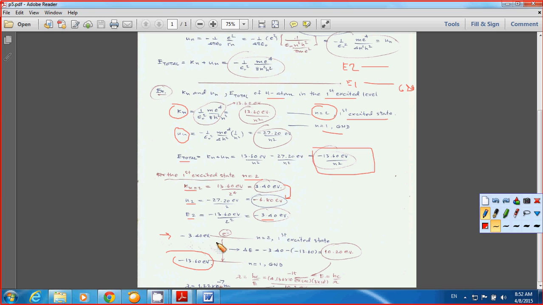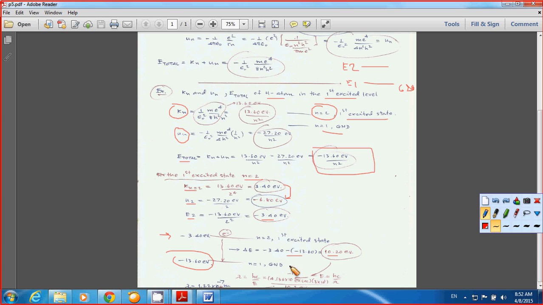And when the electron wants to come back to the ground state, it will release a photon, or in terms of light, you have the difference in energy, delta E, which becomes negative 3.4 minus negative 13.6, and this gives you 10.2 electron volt.